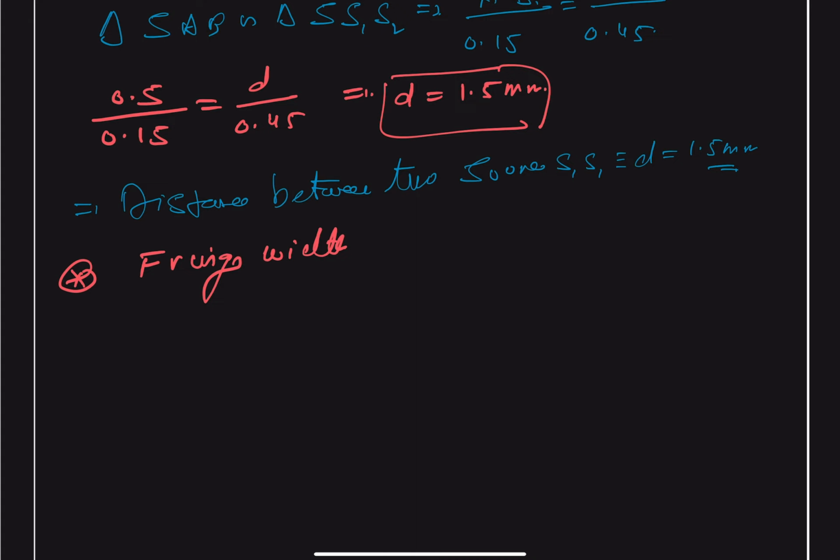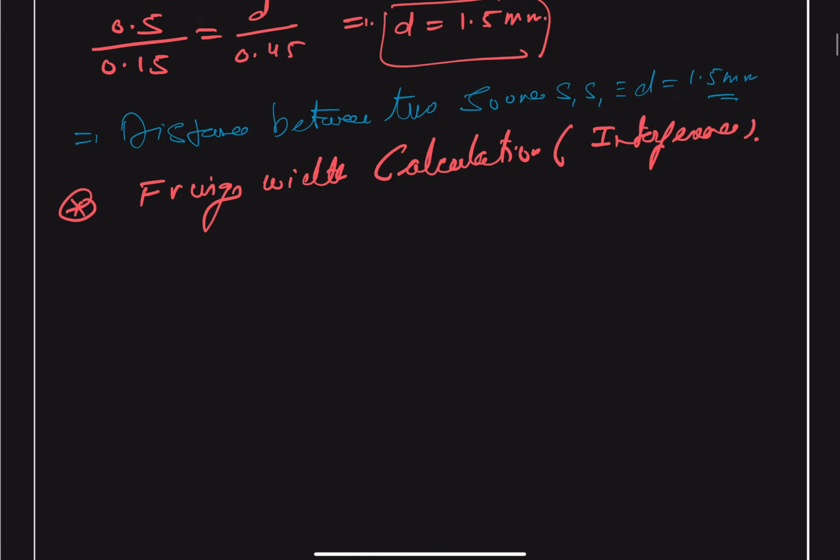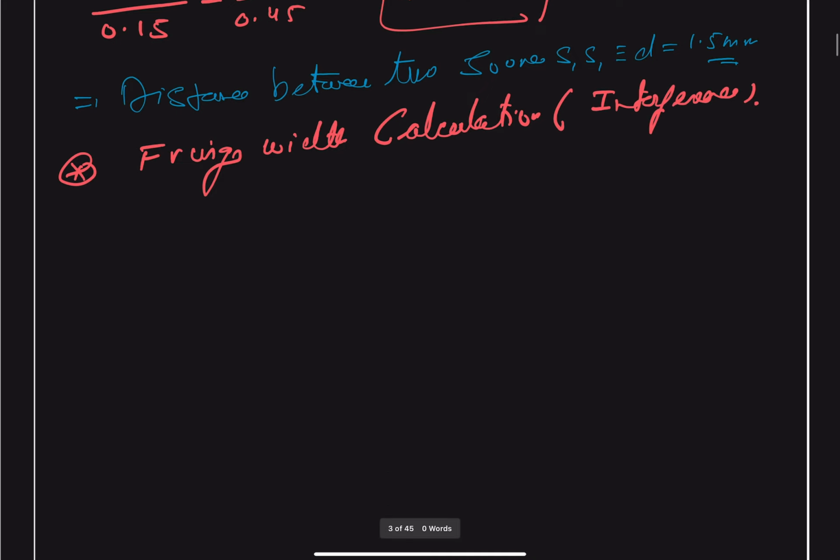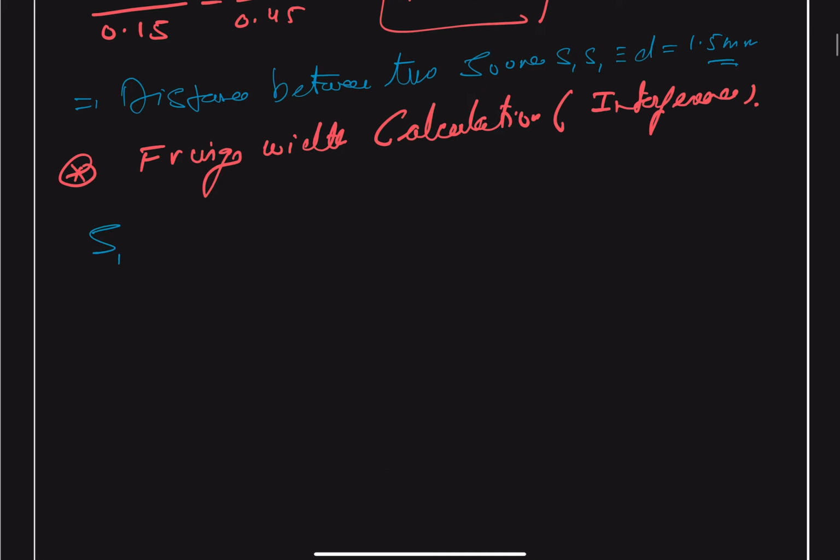Fringe width calculation, or we can also say interference, because now we have two sources S1 and S2, and these two sources act as coherent point sources.